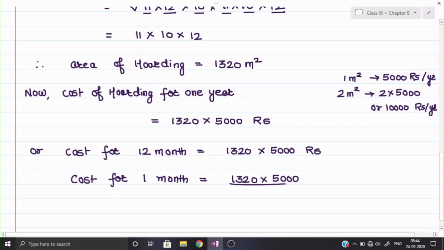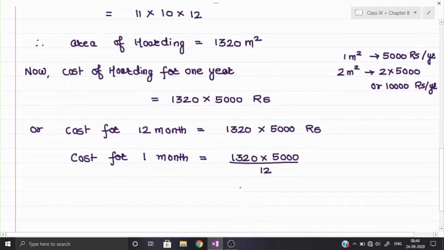As you have done a lot of calculation earlier, for example, if the whole year's total cost is 120 rupees, what is the cost for 1 month? Definitely you will divide by 12, because in 1 year there are 12 months. So this is the cost of 1 month, but we require the cost of 3 months.